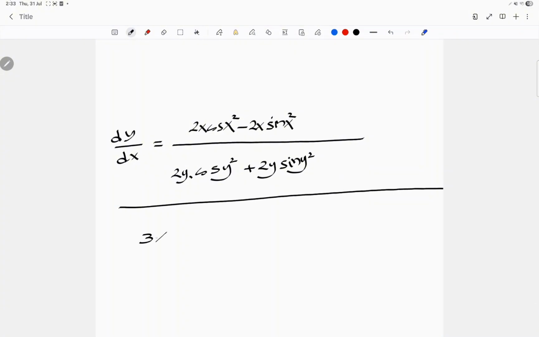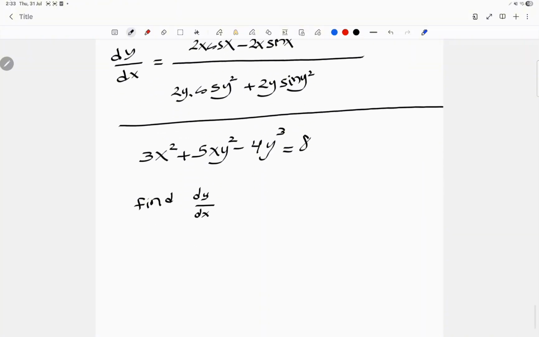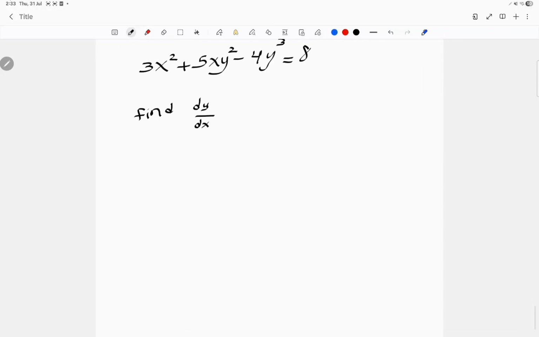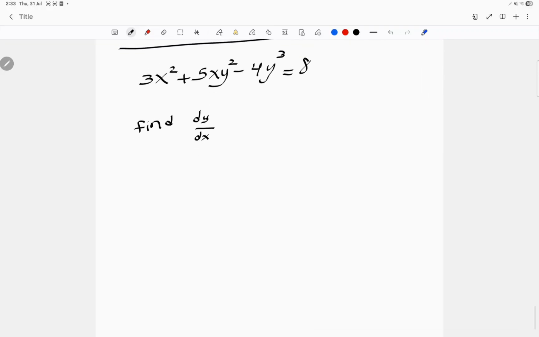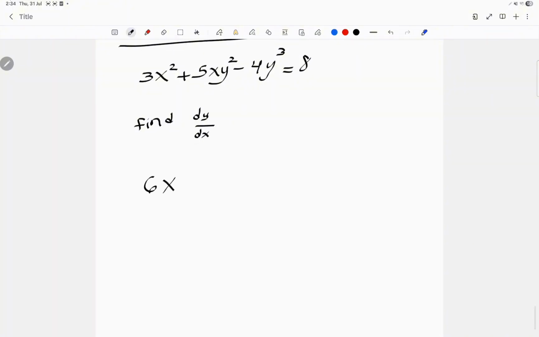If I have 3x squared plus 5xy squared minus 4y cubed is equal to 8, find dy over dx. So we're going to have 6x plus 5.